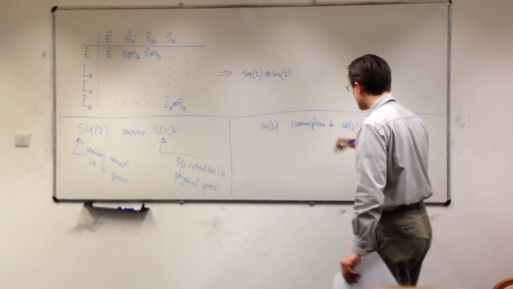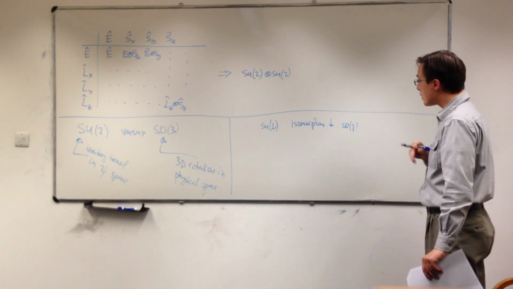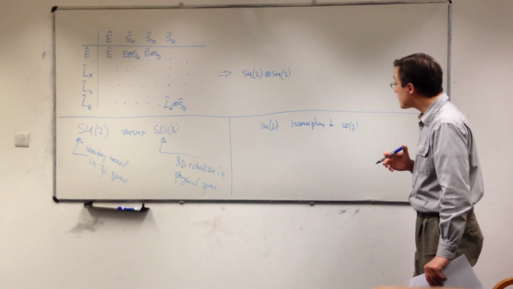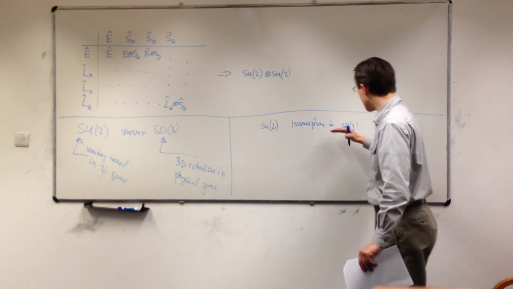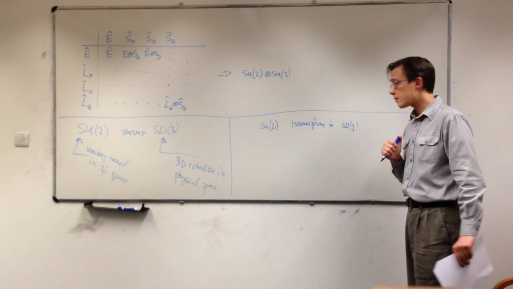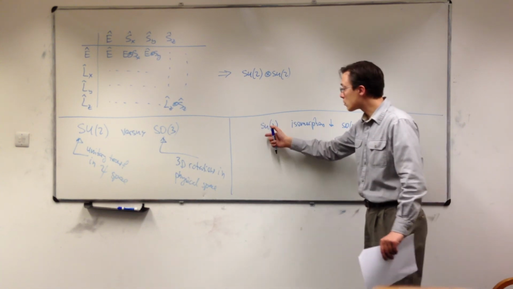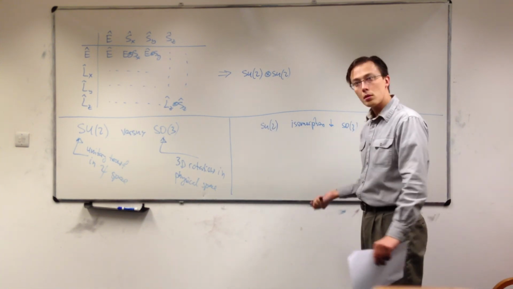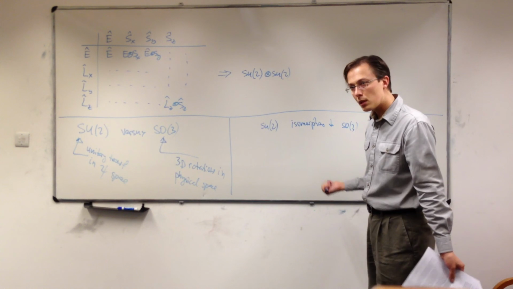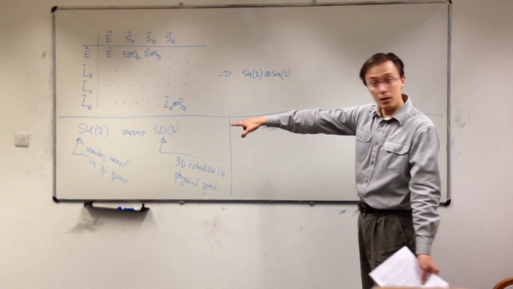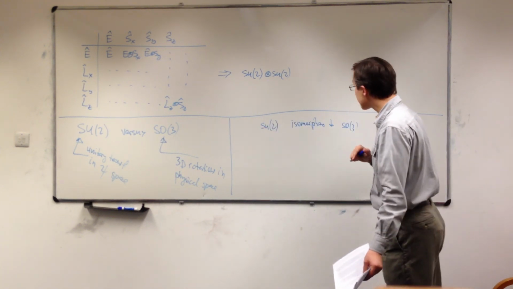So you can have a one-to-one correspondence between the two mathematically, and that means that the generators of SU2 commute in the same way as generators of SO3. These would then be the angular momentum operators, and these would be the spin operators. The structure constants are the same. There's a huge amount of similarity as a result, but as I say, they're very different physically.